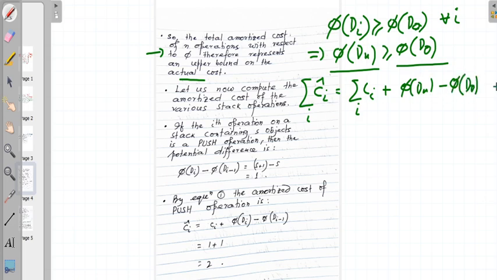If this condition is true, the total amortized cost of n operations with respect to phi represents an upper bound on the actual cost.